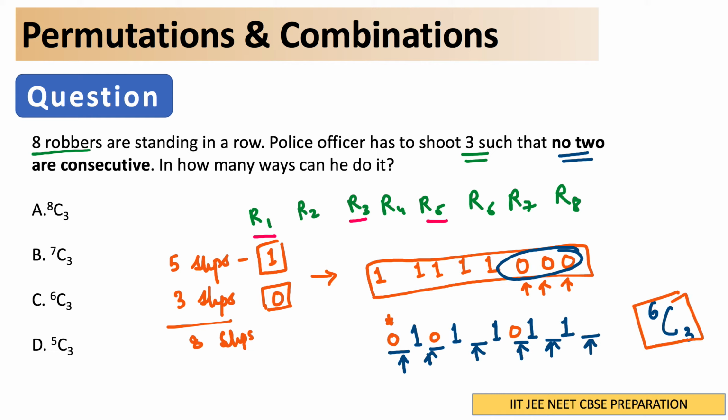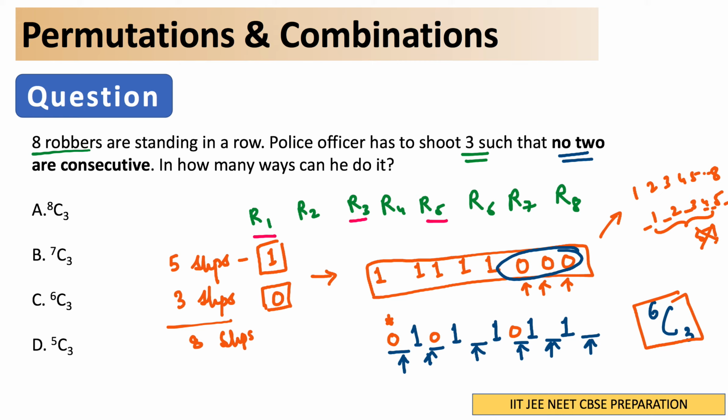This is important to understand, because if this was a question where you had different numbers, say 1, 2, 3, 4, 5 and so on till 8, then these 5 sitting at one place could have arranged themselves in 5 factorial ways because they are different. But in our case the ones are the same, so no need to do this. Similarly, the gaps that were created are 6 gaps.